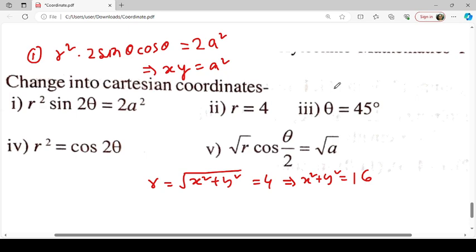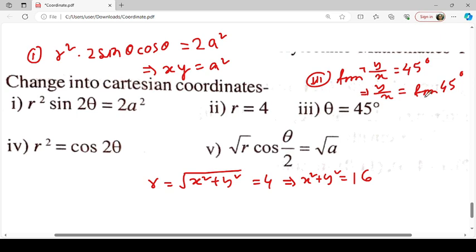Number 3, θ is equal to 45°. θ means tan inverse y by x is equal to 45 degree. So tan of 45 degree is 1. So this implies y by x is equal to tan of 45 degree is equal to 1. So this means x is equal to y.